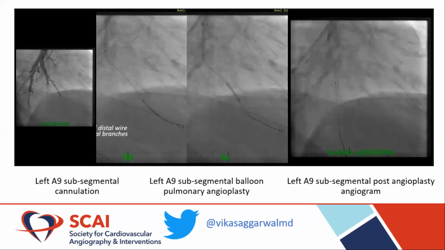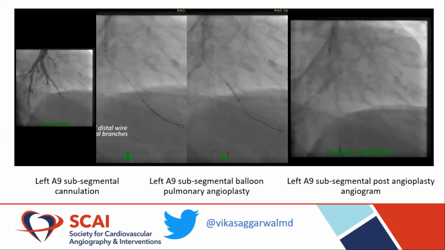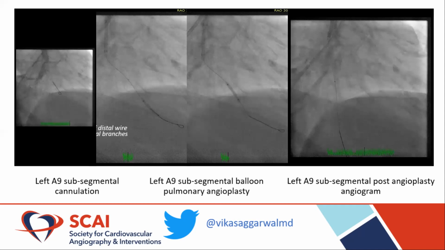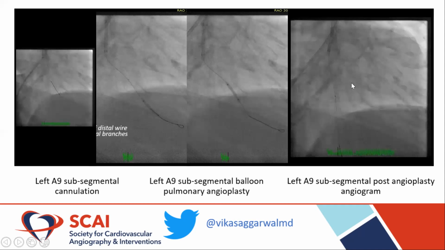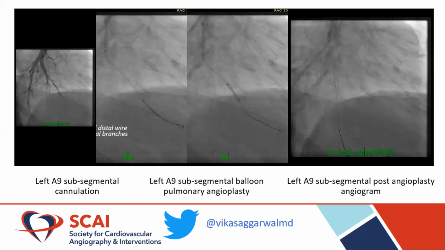That's a very important point. It minimizes your risk of perforation in these very small friable pulmonary artery branches. And you can see the left A9 segments, before and after, on the picture on the left and right, respectively.